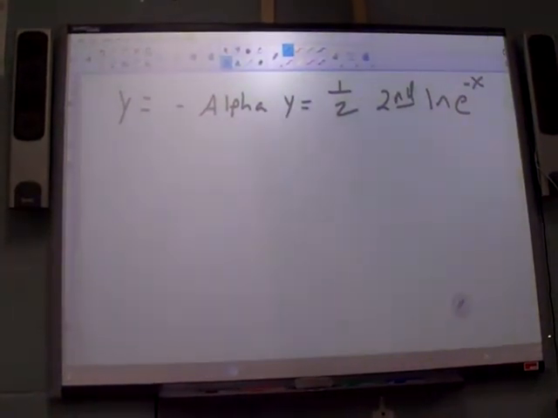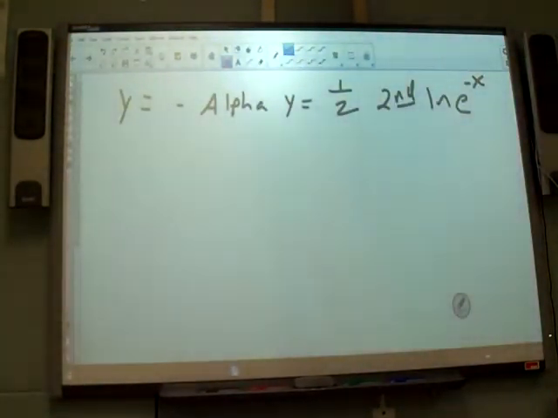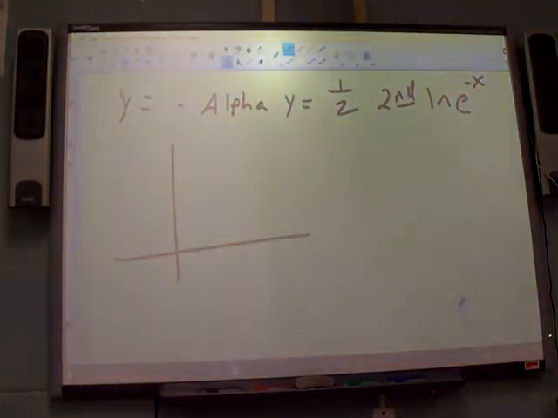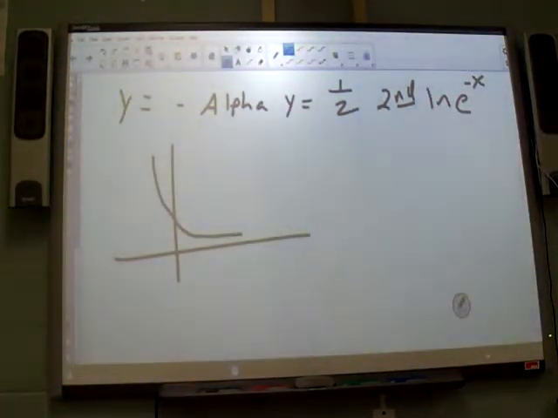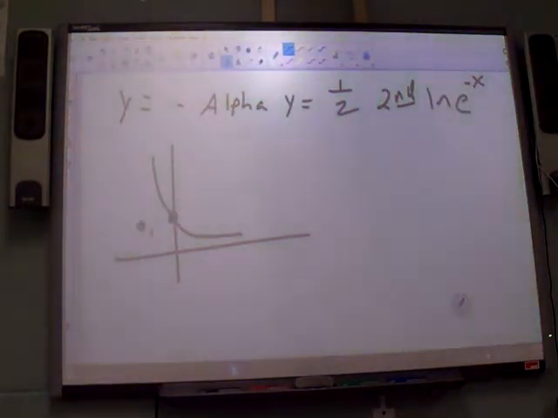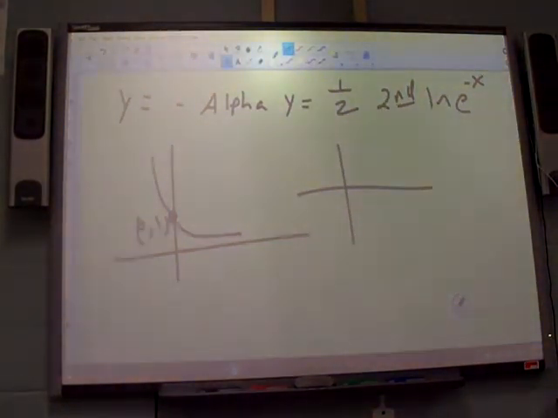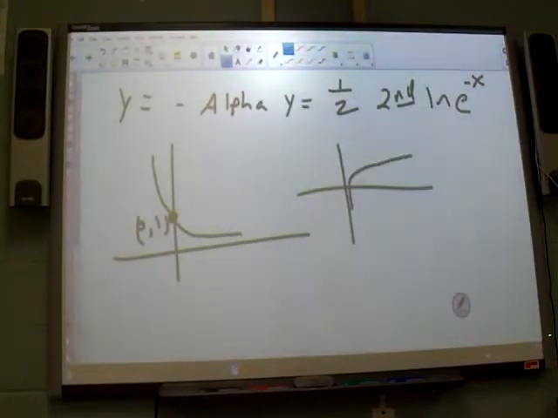You mean draw which one? I'd like to see what they look like. Okay, on number 1, I got something that looks similar to that. It went through 0, 1 was the point that I hit there. That was the only whole number I think I got on that. And number 2, I got something that looked similar to that.